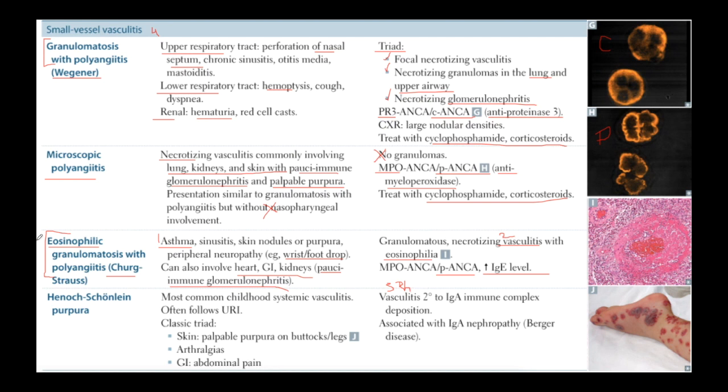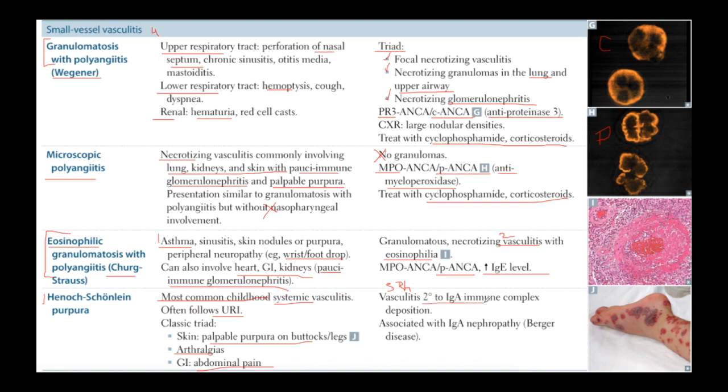And last of our small vessel vasculitides, we have our Henoch-Schönlein purpura. Again, the most common childhood vasculitis, systemic, often follows an upper respiratory infection, and this one also has a classic triad of palpable purpura, arthralgias, abdominal pain.